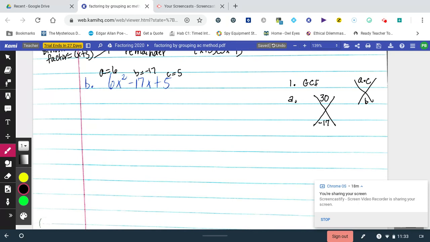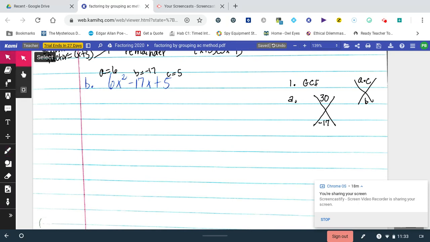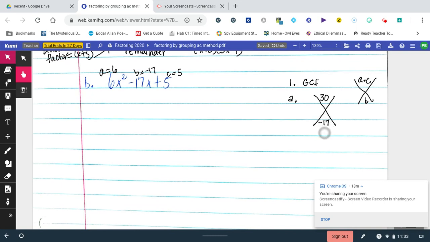So I know that the top number is positive. So that means that since the top number is positive, I have 2 negatives or 2 positives that are multiplied to get a positive. Okay, but you look down here, this will tell you whether you have 2 negatives or 2 positives.